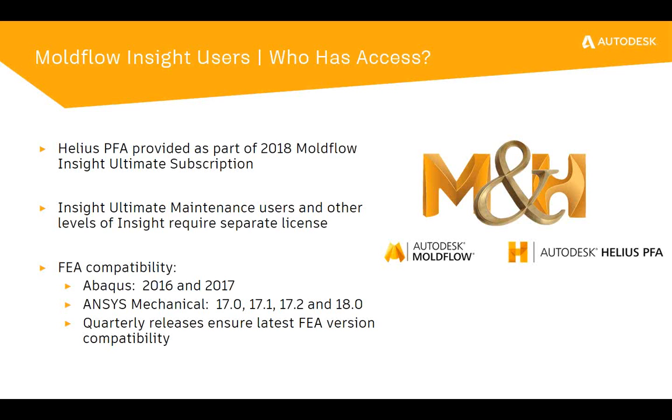And what that allows us to do is ensure that both Moldflow and Helius PFA are compatible with the most recent versions of the finite element analysis solver that were released in those previous quarters. So what you'll see is with the .1 release of both Moldflow and Helius PFA, the 2018 .1 release, we will upgrade the FEA compatibility to include the most recent versions of the FEA solvers.